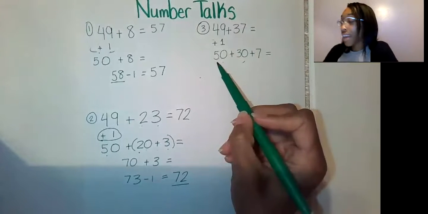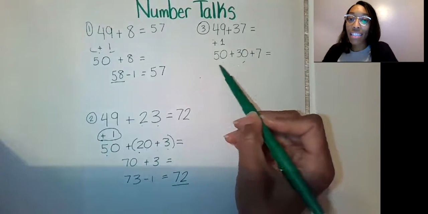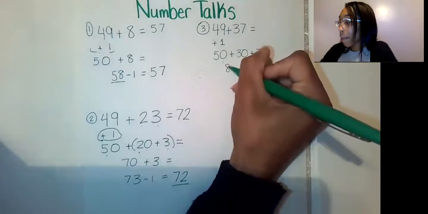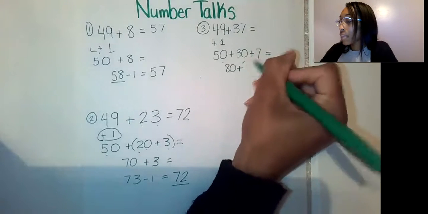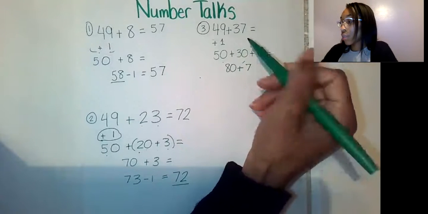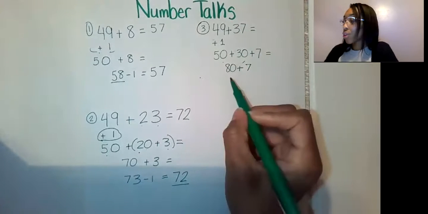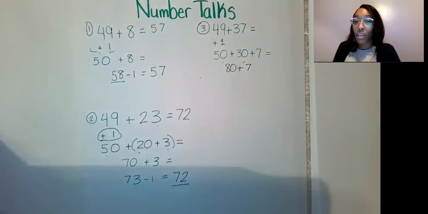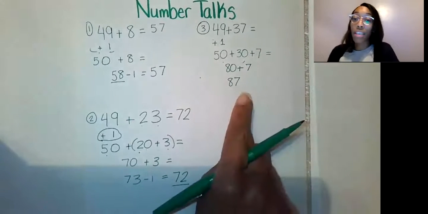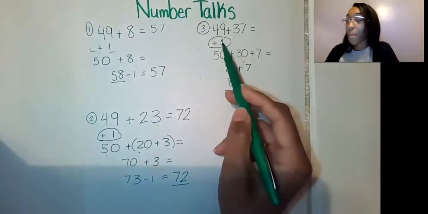So 5 tens plus 3 tens, that's going to give me 8 tens. So that means I have 80 plus the ones, which was 7 ones is what we originally had in that add-in that was left. Okay, so 80 plus 7 is 87. But I'm not done yet because I have to bring that 1 back out.